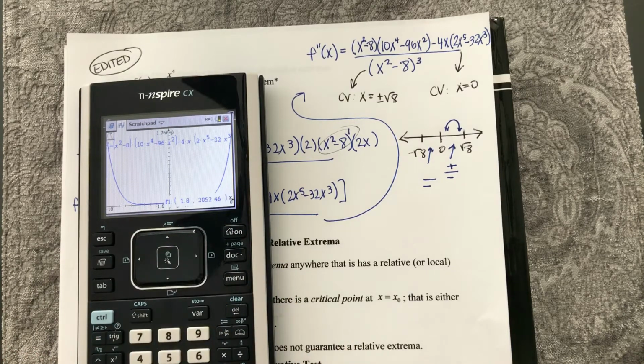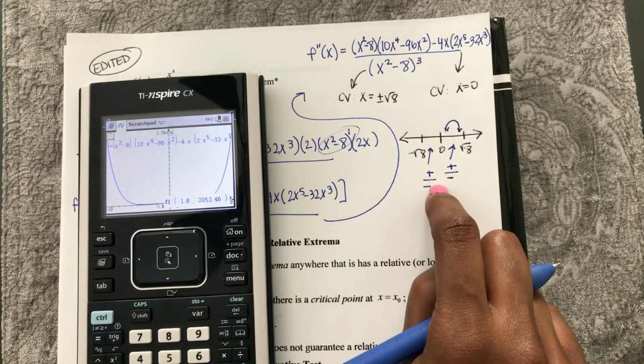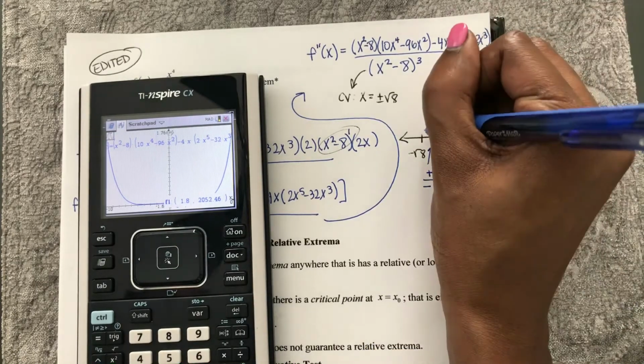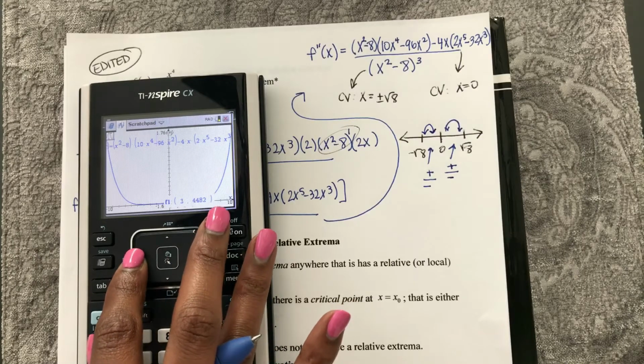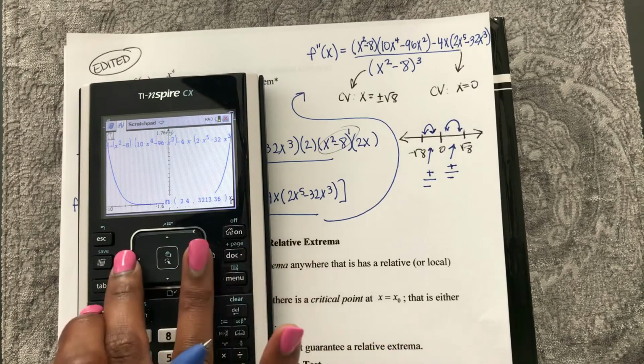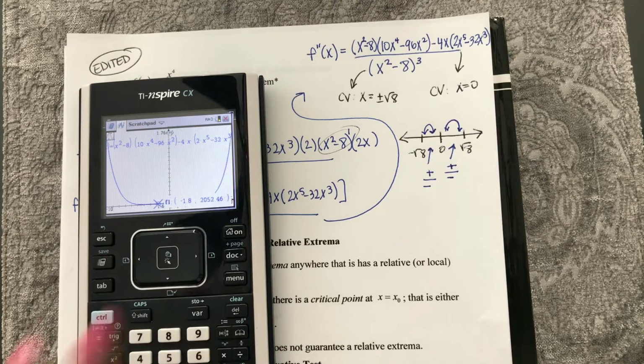So I'm going to have a positive on my numerator there. A positive divided by a negative is a negative, so this is concave down. Notice, I know this because when I trace my graph, it's positive until it hits 0, and then it goes back up positive again. So it's positive everywhere else except for 0.